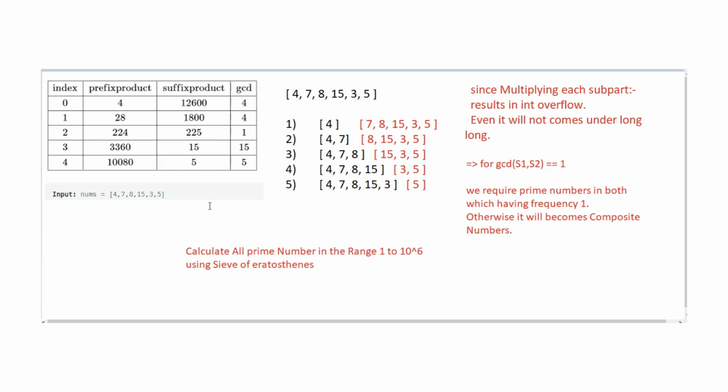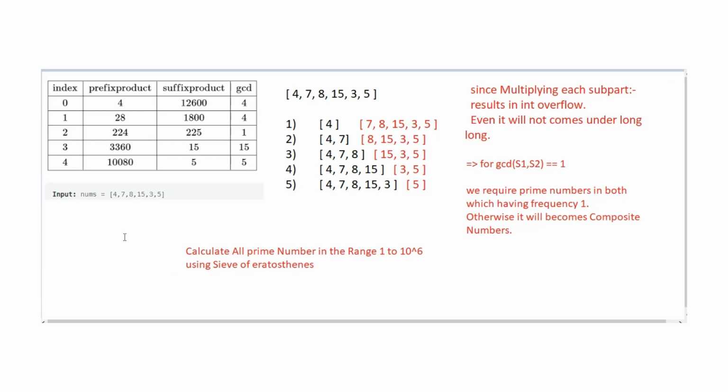The factors of that particular number should be unique primes. Suppose 4 is there, we break it into factors 2 and 2, so we increment the count of 2, and it becomes 2. Similarly, we will do this for 7 and the whole array elements.